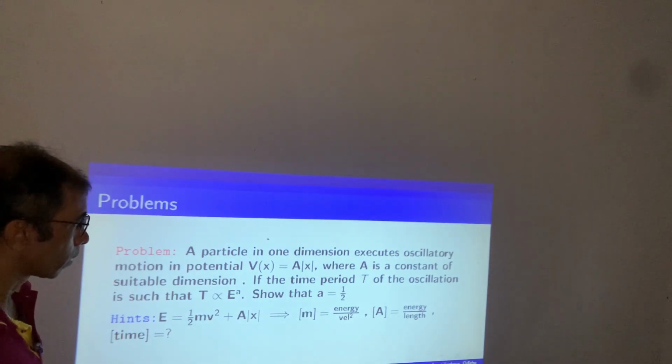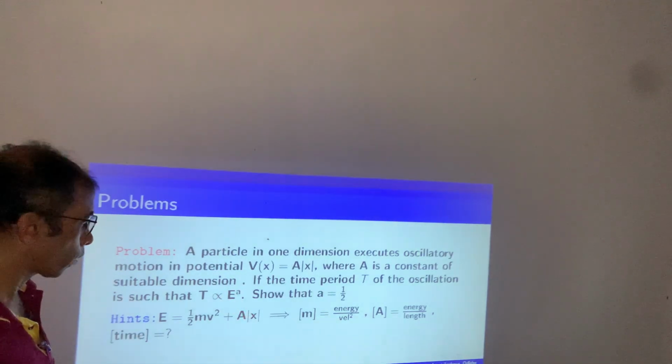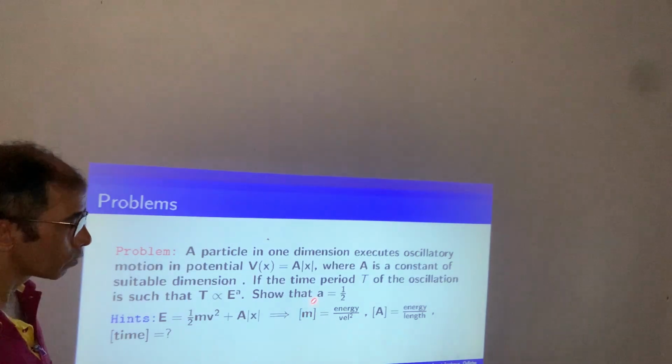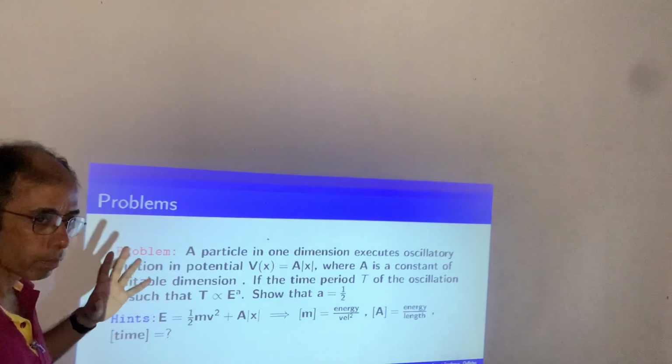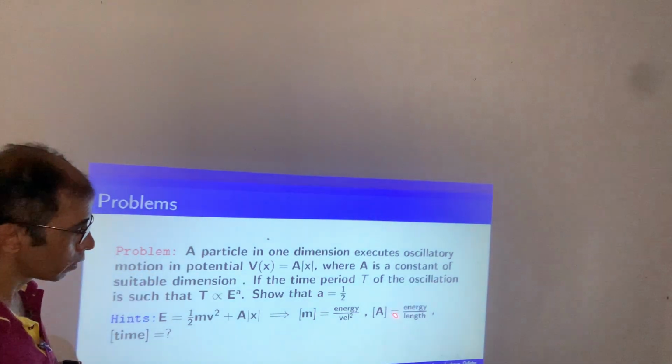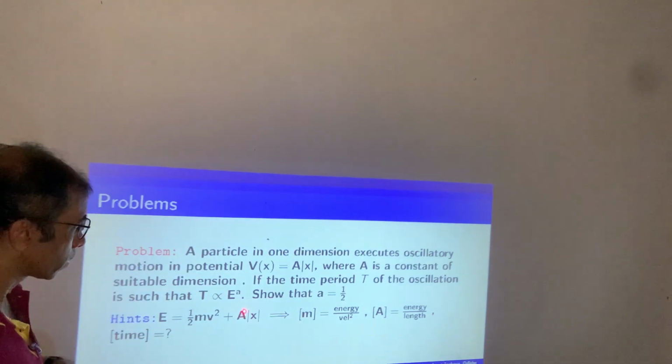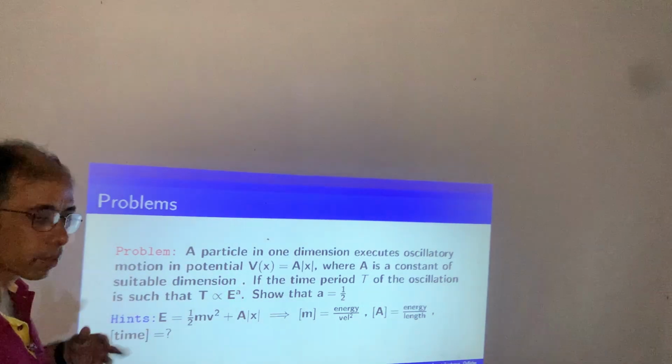Now the time period will be a combination of mass m to the power some exponent, A to the power some exponent, times energy to the power some exponent.